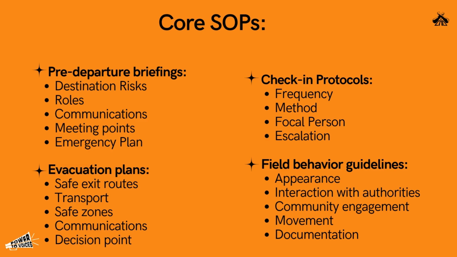Next, we have evacuation plans. This means knowing your safe exit routes, transportation options, safer zones, and having a clear decision point. For example, when exactly do you decide to leave?